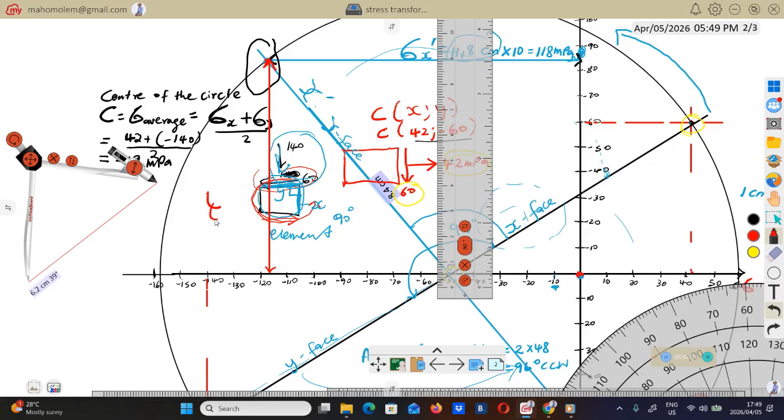This will represent the shear stress. About 8.2. Oh no, 84.2.